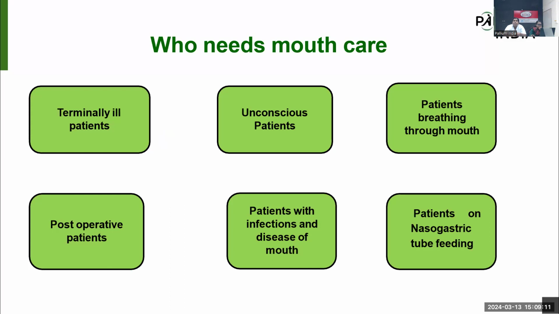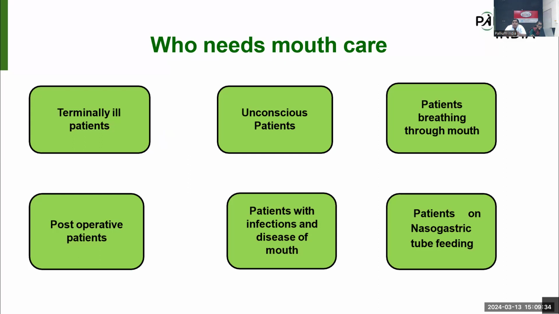With terminally ill patients, some family members neglect oral care because anyway they are going to die. So for what purpose are we doing oral care? There you have to educate them that there is a need for oral care.